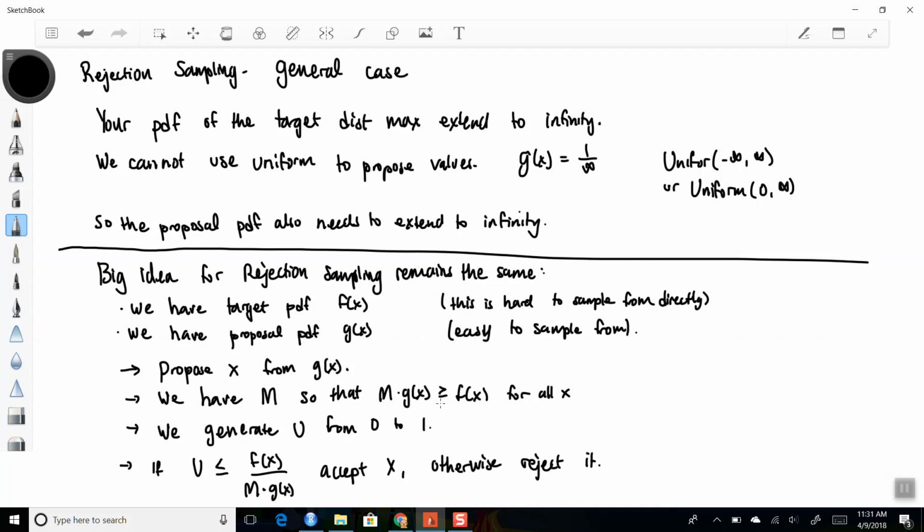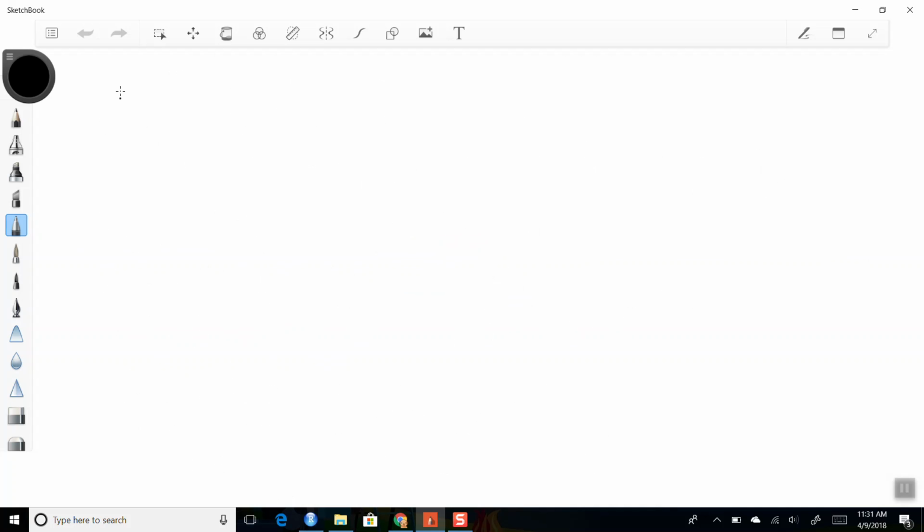So we're going to do an example here, and in our case, we're going to have our target PDF be the folded normal distribution. Okay, so the normal distribution looks like this.